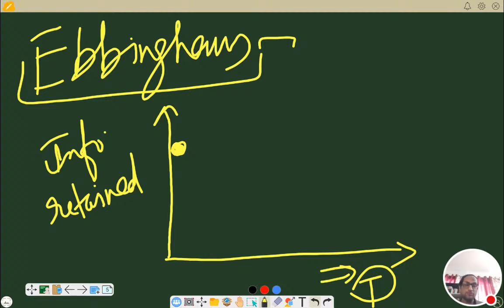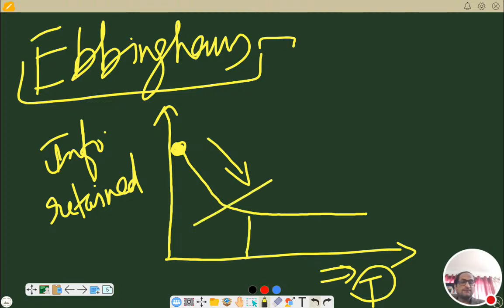Almost, though that is also not possible. But largely what happens? A large part of it gets decayed. So the curve is like this. This information is lost, and the large part is lost in the period of 72 hours.